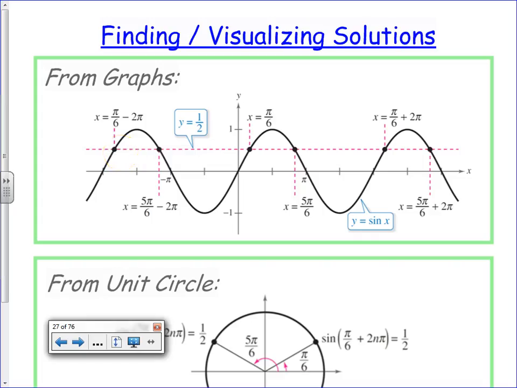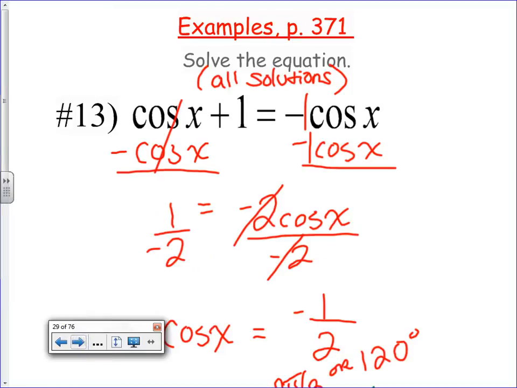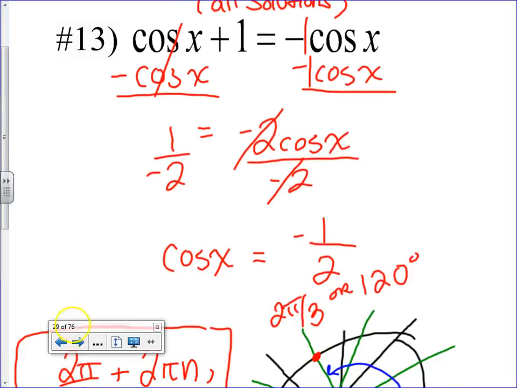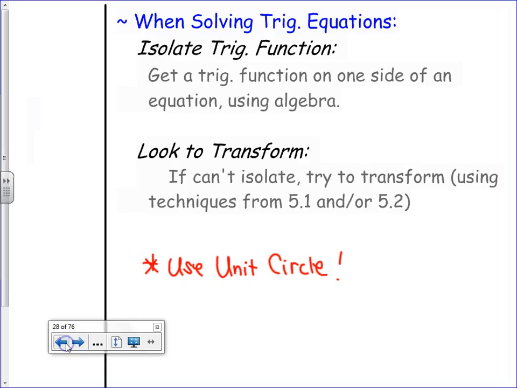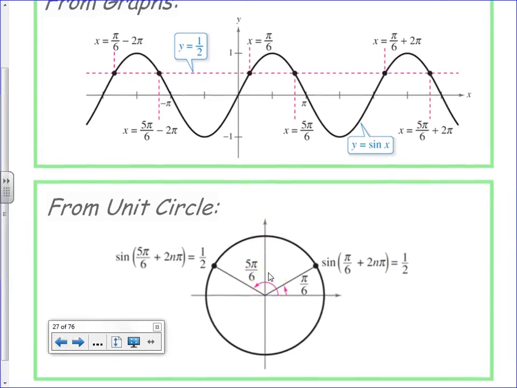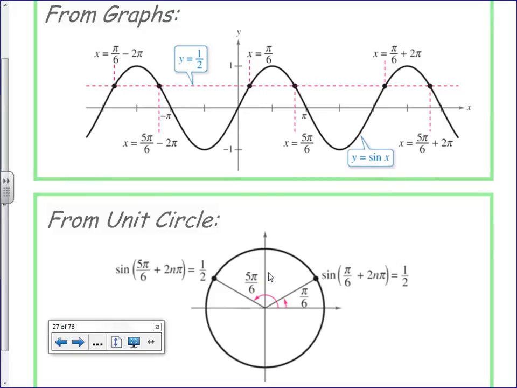The whole point of this page is how to find and visualize solutions, aka when you do all the work and you get to trig function equal to number, whether it's cosine of x equal to -1/2, whether it's like bell work yesterday, sine of x equals 1/2, or the beginning of notes, sine of x equals -1/2. When you get there, there's 2 different ways of thinking about it. I think one way is easier and the other one's harder. You guys might agree or might disagree.